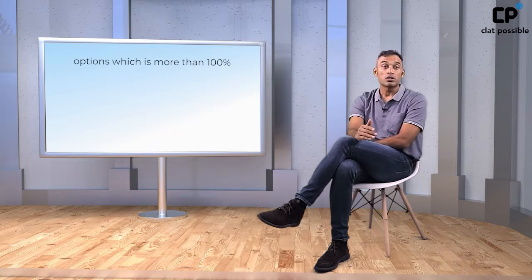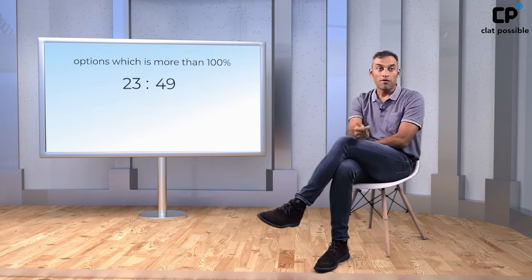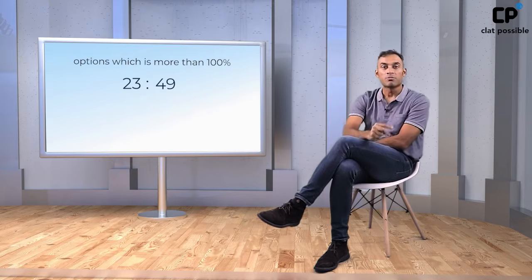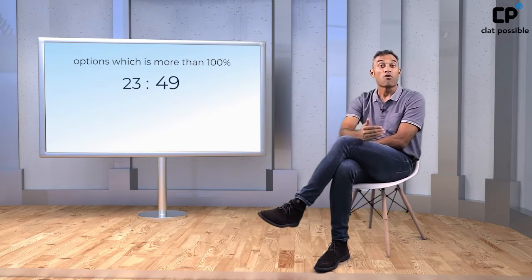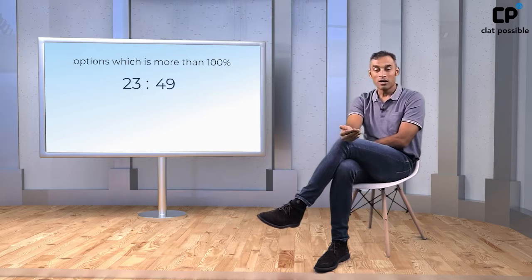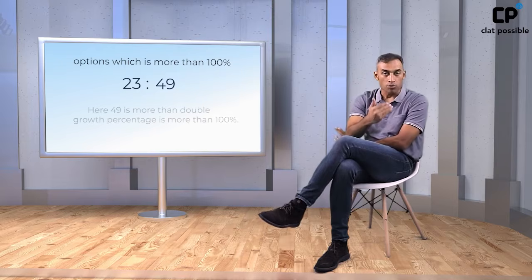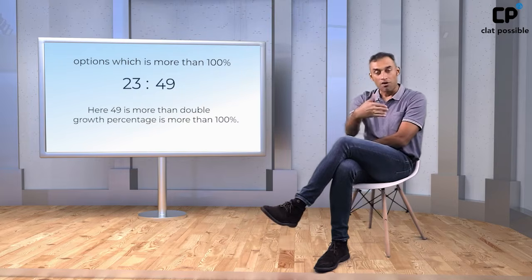Why? Because we see here that 23 has become 49. If 23 had become 46, it is a 100% growth, because whenever something doubles, it is a 100% growth. So when 23 becomes 46, it's a 100% growth. Now here it is 49, so we have to look at an option which is slightly more than 100%.